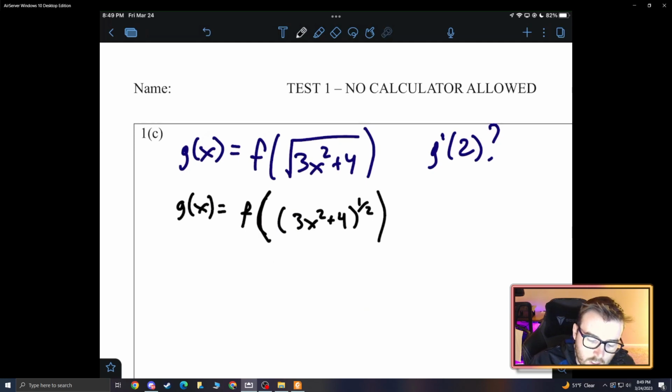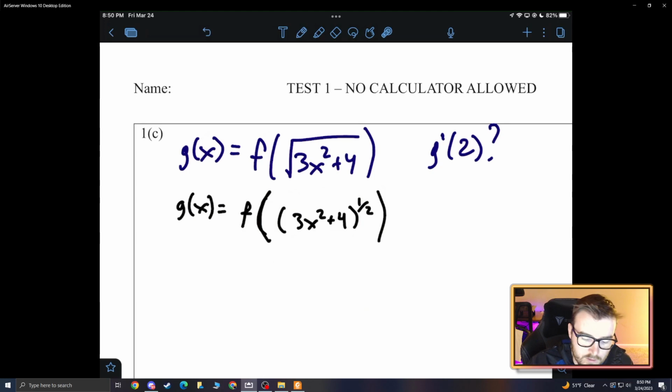Okay, so how many functions are here? f on the outside, the square root, or aka the 1/2 power, and the parabola that's on the inside.